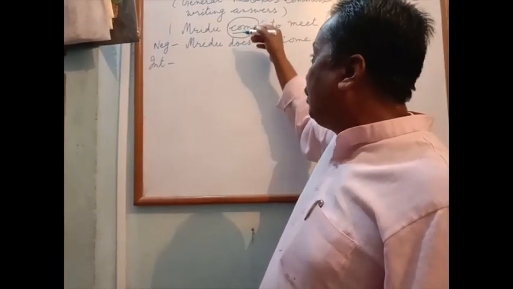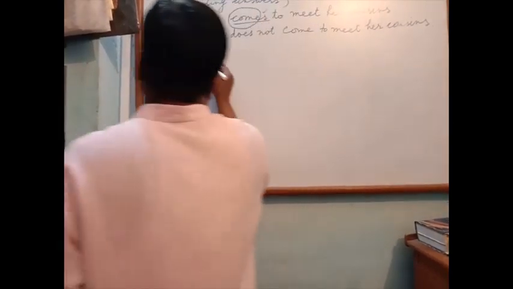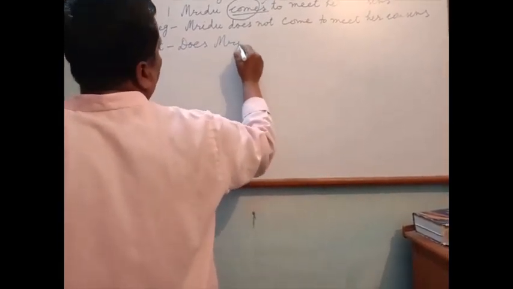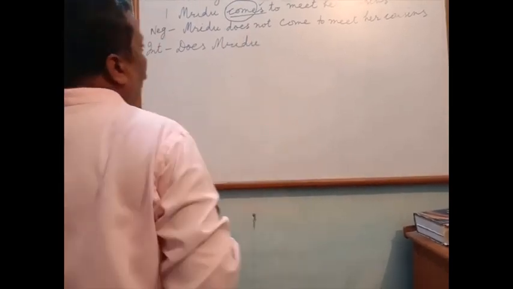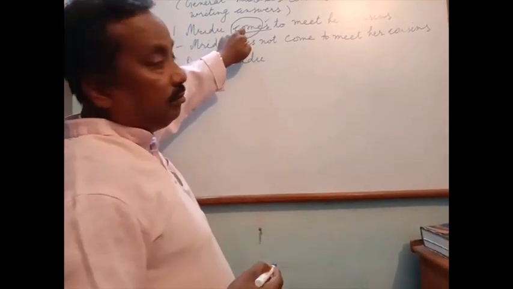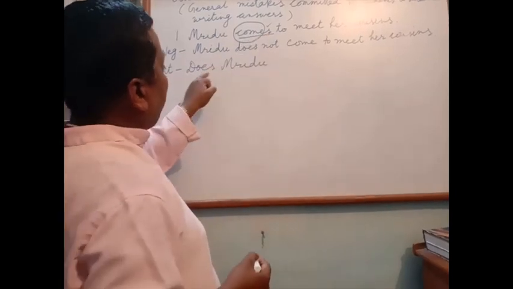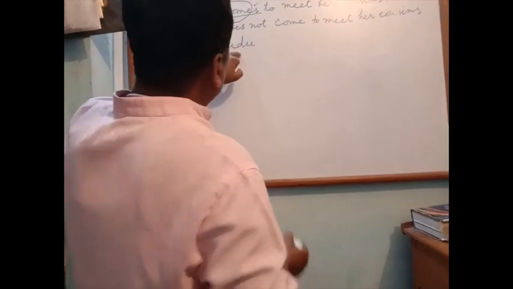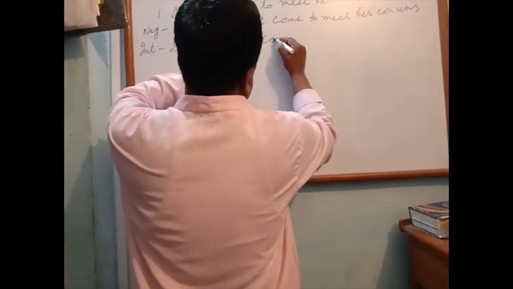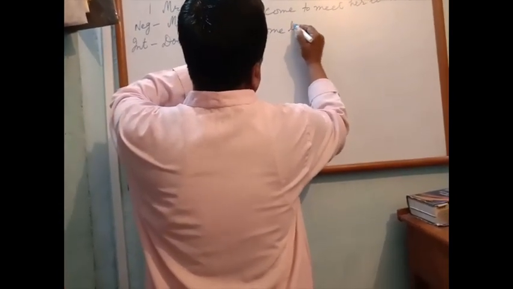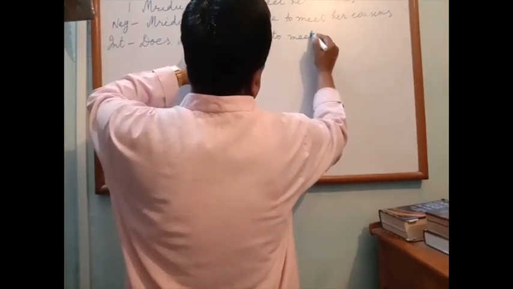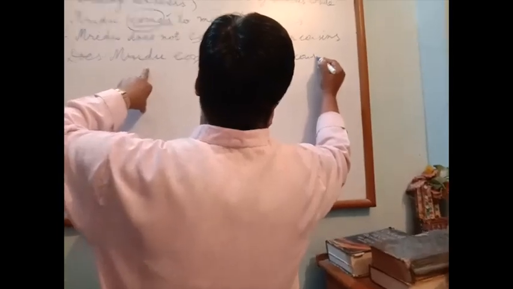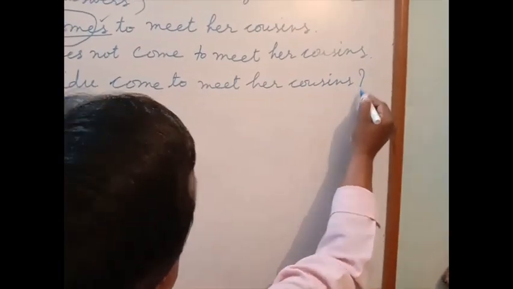The helping verb does we take out. Does Mridu come? Now what remains here? Only come, because the s form is taken out. Does Mridu come to meet her cousins? Question mark.